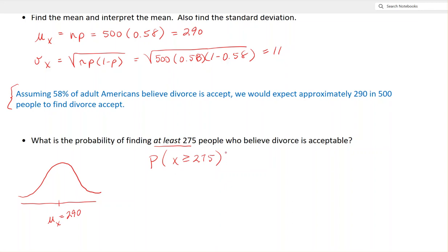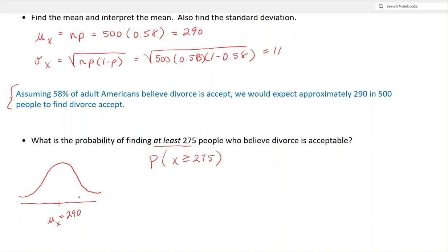Well, this is a probability question that I don't really know how to calculate based on the given information. So we're going to use a calculator specifically designed for this process in StatCrunch. And the reason I have gone to the trouble of drawing this normal curve, or the bell shape over here on the left, is because my drawing here is going to be supporting my conclusion in the calculator. So I'm going to add one more thing to this graph, and that's going to be my variable X, that's 275.